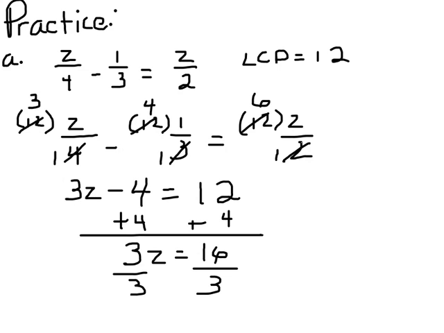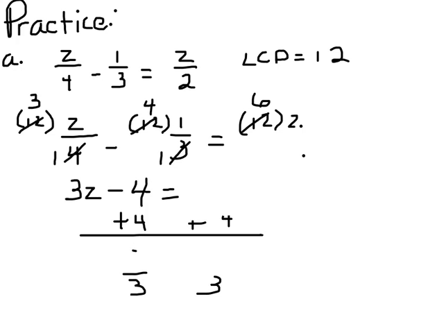I'm so sorry, I misread this z as a 2. So let's go in here and do some erasing. Right here, I need to make my things clearer, don't I? Let's just go ahead and erase all of this, and go back and put in what it should be. 6 times z is 6z.